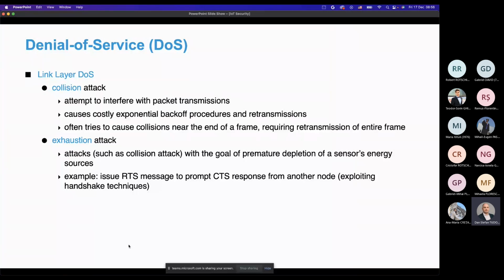So, for example, you can have an issue of a continuous RTS message in the IEEE 802.11 protocol, and then you prompt a CTS, a clear to send response, from another node. So if you continue to send request to send messages, so RTS messages, you will always receive clear to send messages from that node. And if you do that over a long time period, you will basically deplete the node's batteries by doing extensive handshaking.